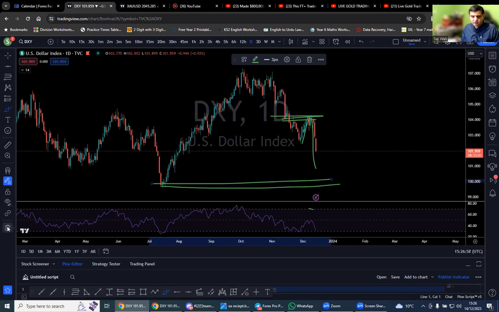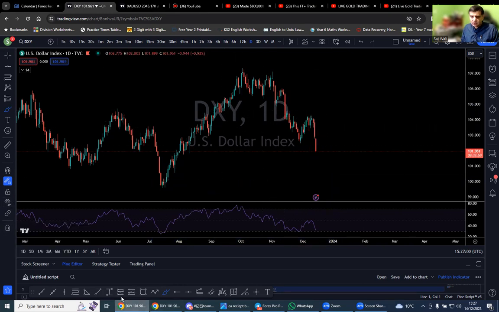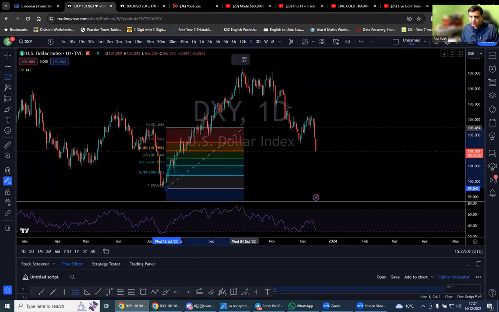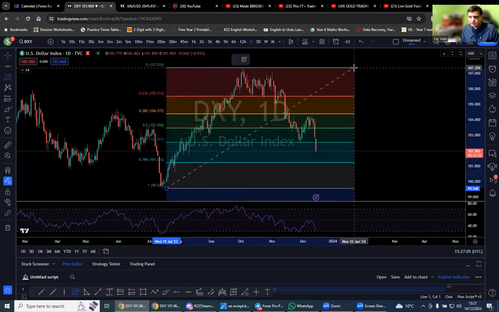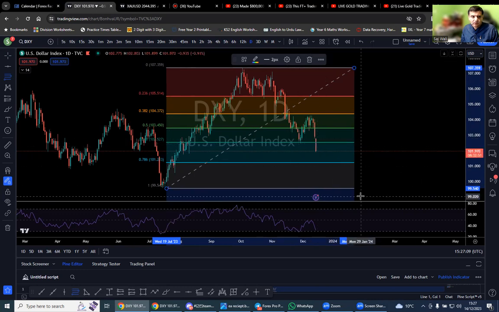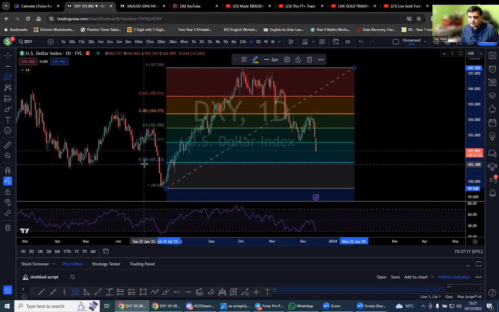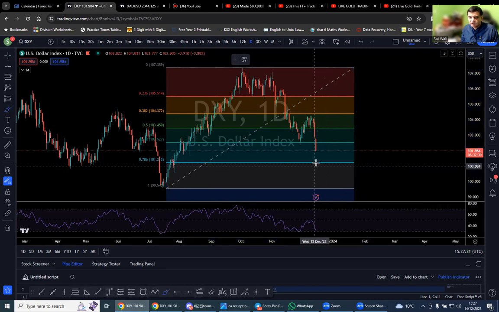And see, if you put a fib level here, you can see this golden ratio was broken. And we expect more, at least to this level, the 0.786 level of Fibonacci, the next level, and then this one level.